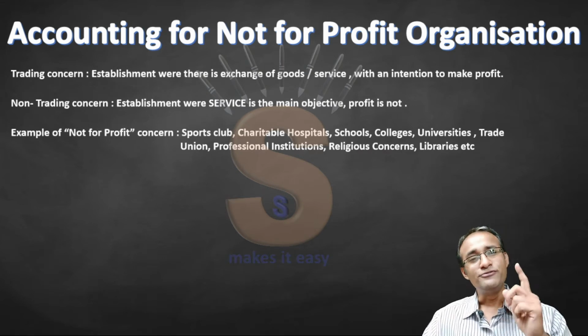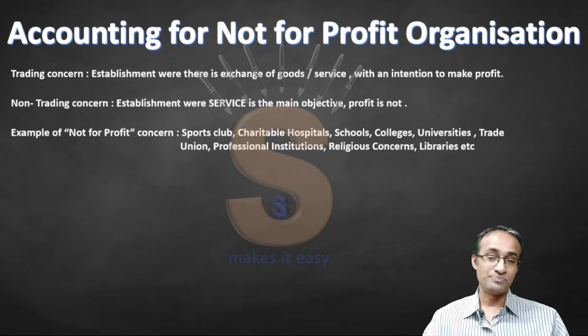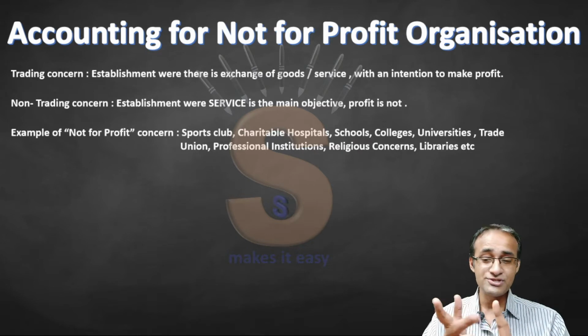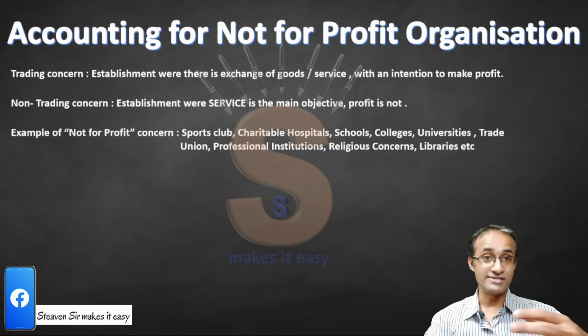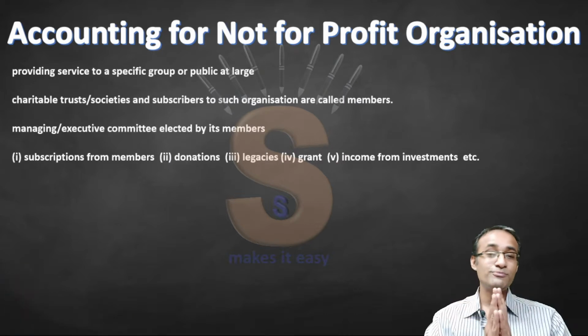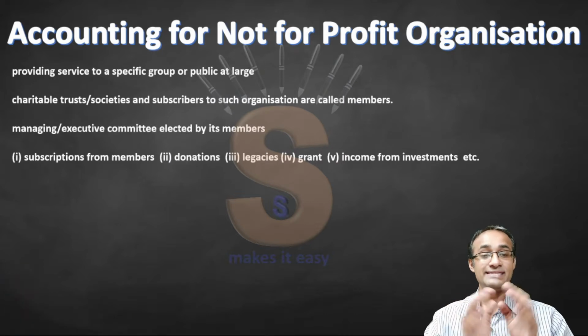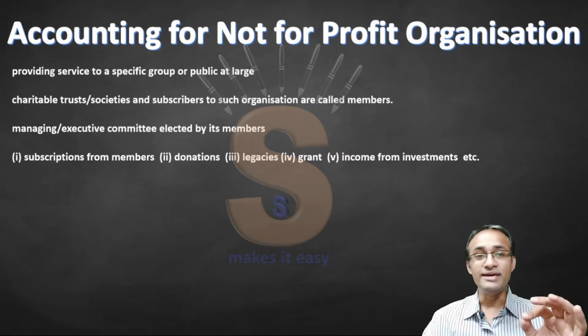Before that, a very quick recap as to what did I do last time. I discussed the difference between a trading organization and a non-trading organization, which is a not-for-profit organization. So you should understand that a not-for-profit organization has the aim of service.